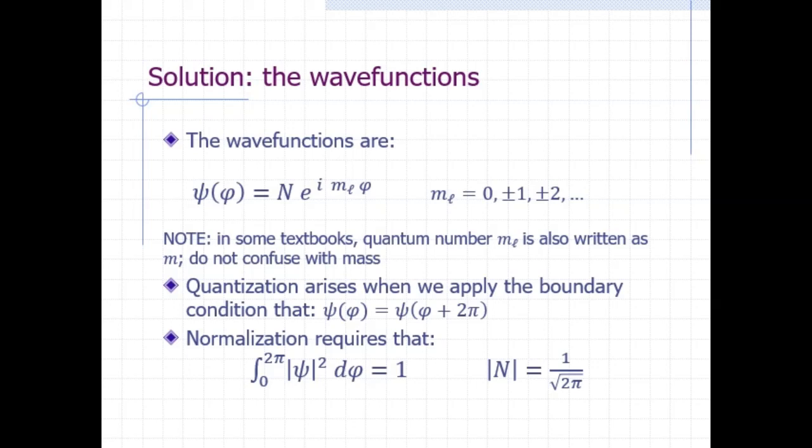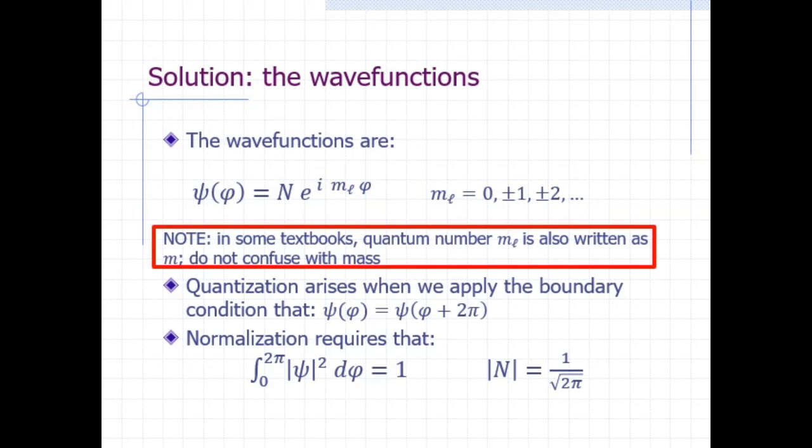The dependence of the wave functions on phi turns out to be given by N times e to the i times m sub L times phi. Here, m sub L is a quantum number that is restricted to integer values only. Please note that in some textbooks, the quantum number m sub L is also written as just m. When you see this, don't confuse it with the m that is also used as a symbol for mass.